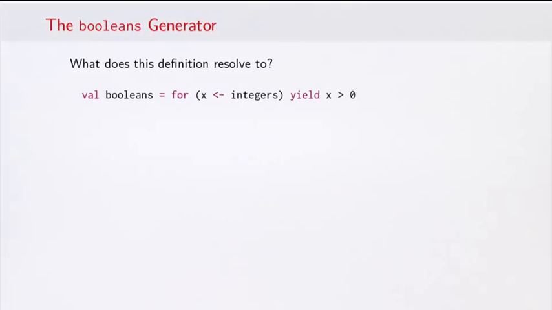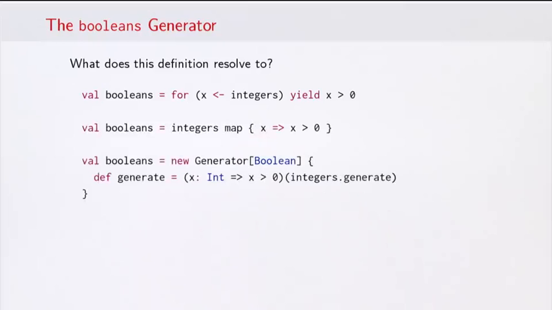Now that we have defined the general machinery that we needed on class Generator, we can look at some specific generators again. So booleans, here's the syntax we wished for. What does that expand to? Well, the compiler would expand it to a map. And if we look at the map operation on generator, then that's what it comes down to.